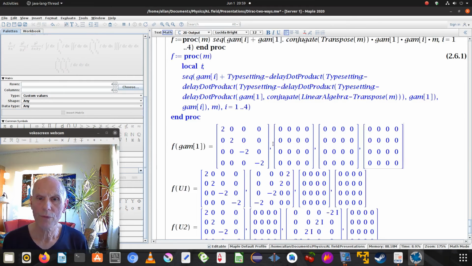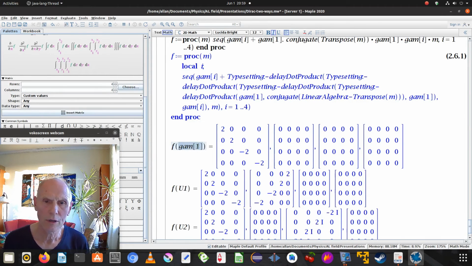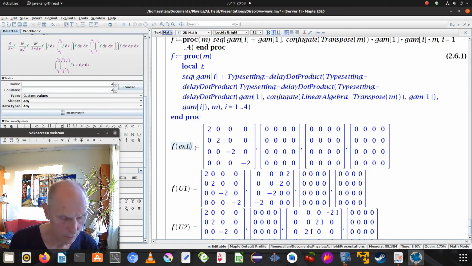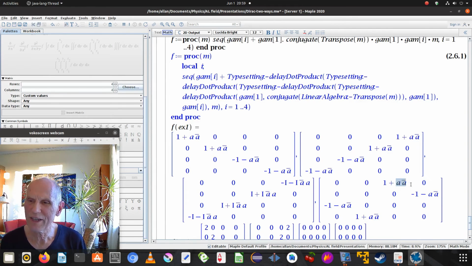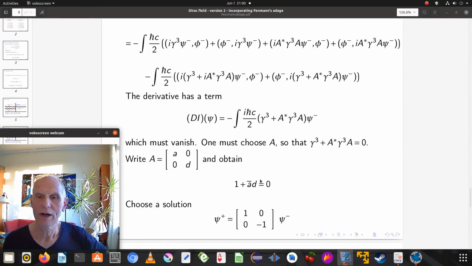Then, what? It can't really vanish very well, because this is the modulus of A, which is larger than or equal to naught. So this is larger than or equal to unity. So it doesn't work. Well, all in all, I end up with this solution as a possibility.